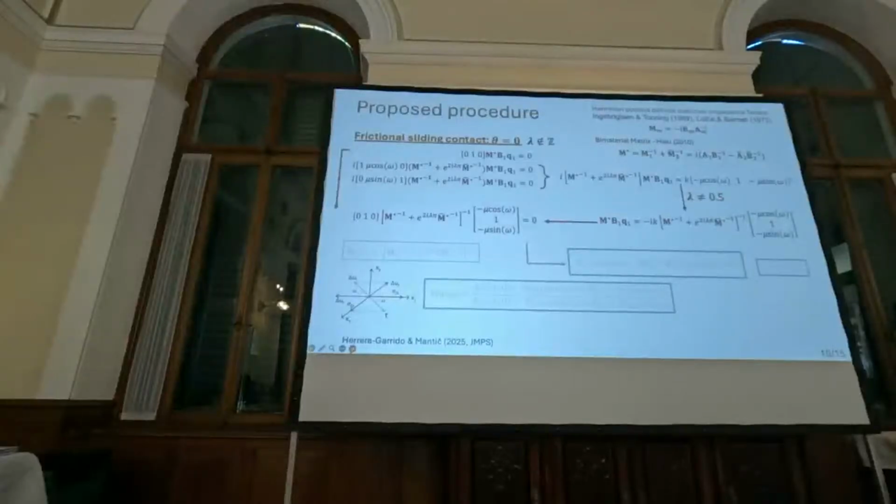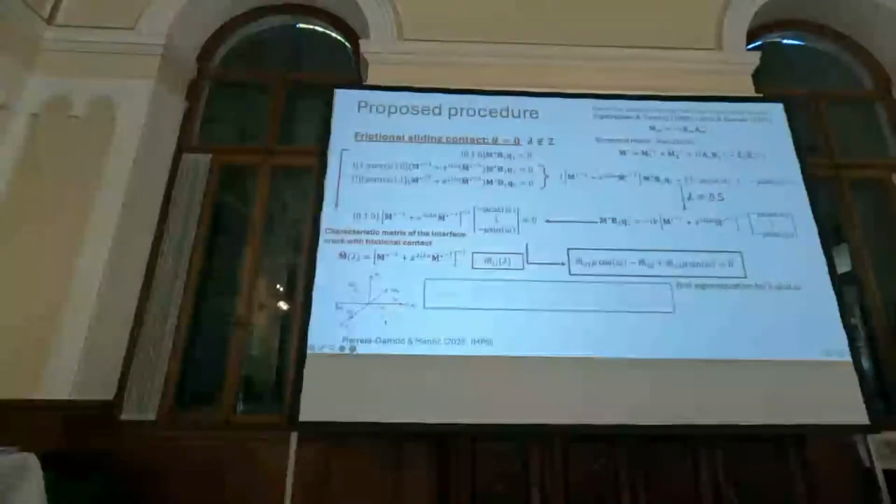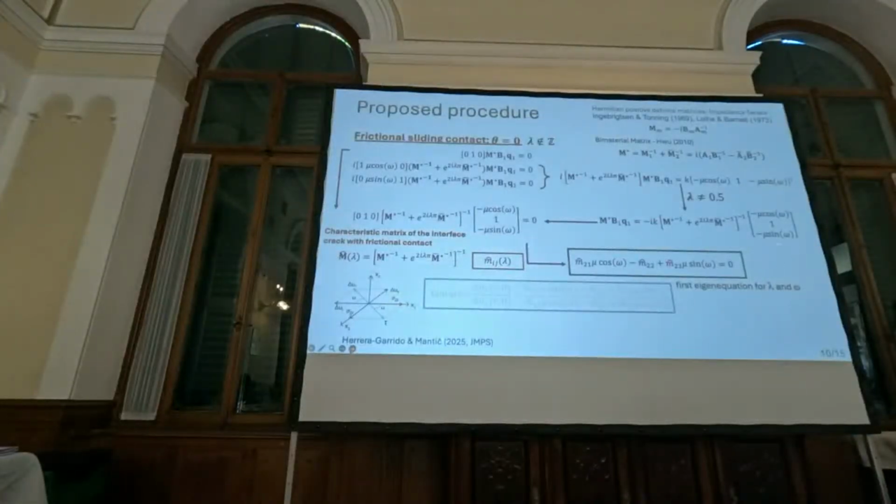We can rearrange it to this form, which is actually a scalar equation, introducing a new characteristic matrix of the interface crack with frictional contact in this form, in terms of the bimaterial matrix. Denoting the elements of this characteristic matrix as M hat ij, we get the first eigenequation for the singularity exponent lambda and omega, the angle of the friction shear vector.